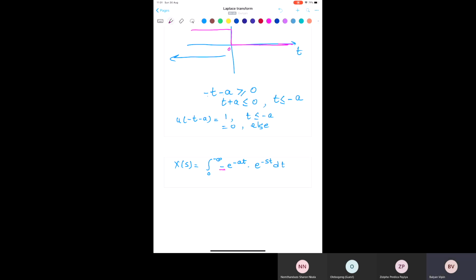So if I integrate it, it will be minus, dt.